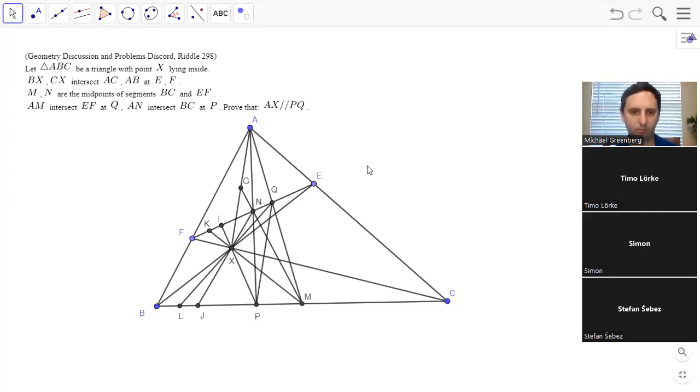Proving that, for example, A, K, and L are collinear is equivalent to showing that cross ratio BCLP is FEKN. But you could get that just by projecting through X, right? Maybe, yeah. Okay. So FEKN projecting through X is equal to EFNK projecting.